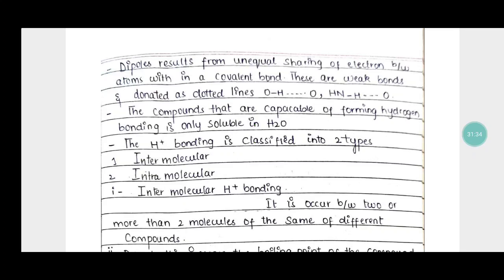These are weak bonds and denoted as dotted lines. So the compounds that are capable of forming a hydrogen bond are soluble in water.